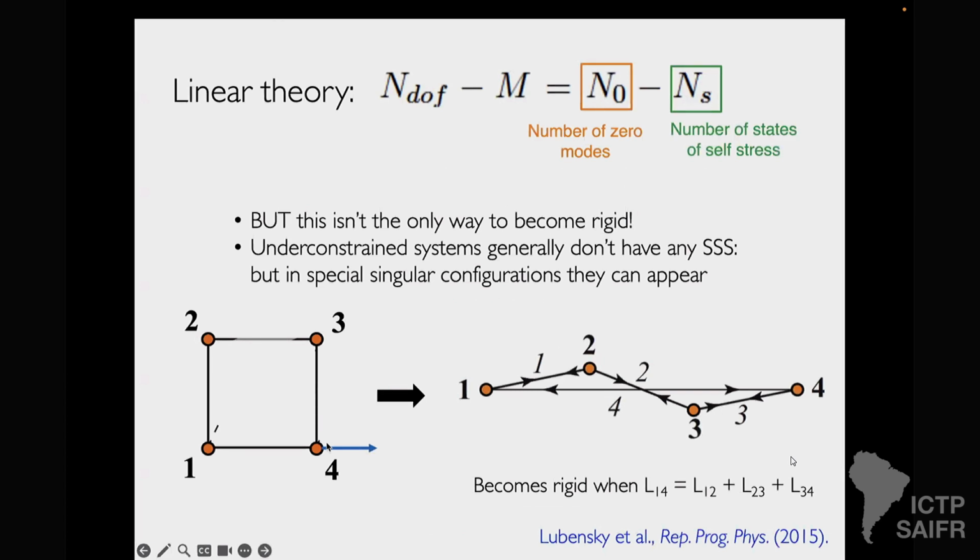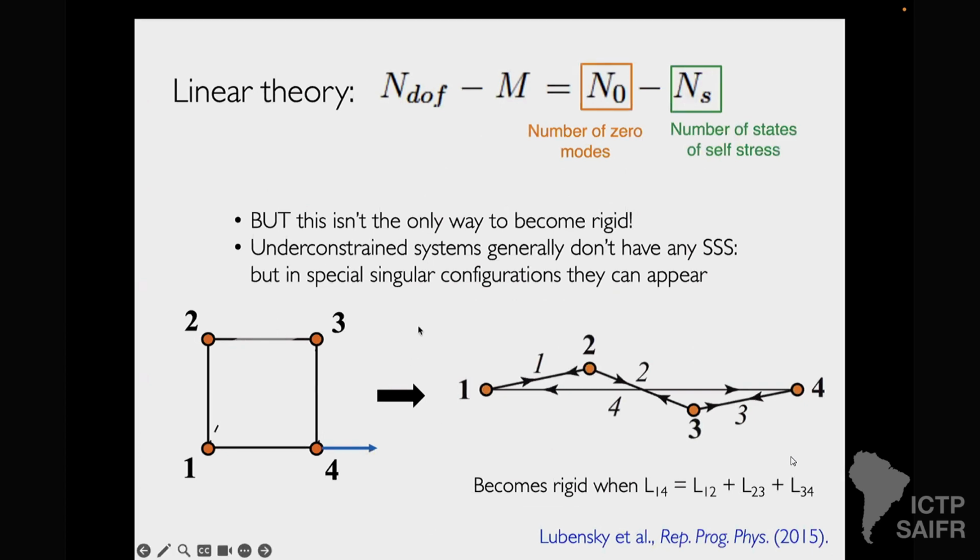And so you can see that if I stretch them out like this, actually, I expect that when they all become linear, the system as a whole becomes rigid when the length between 1 and 4 equals the sum of the other 3 lengths. When they're all collinear, the system actually becomes rigid.